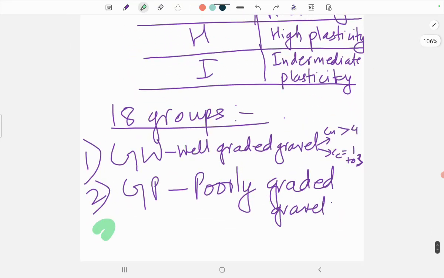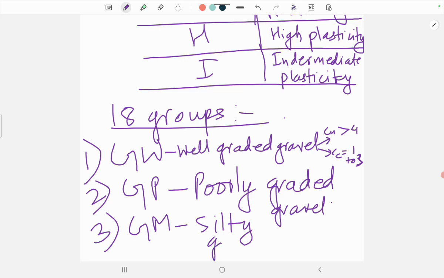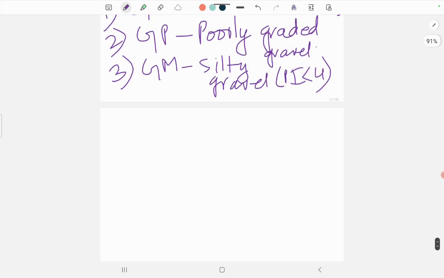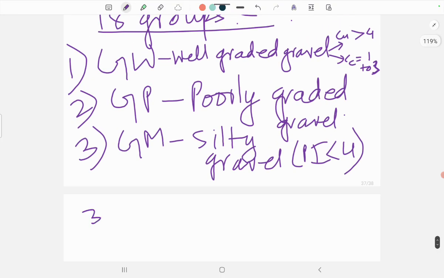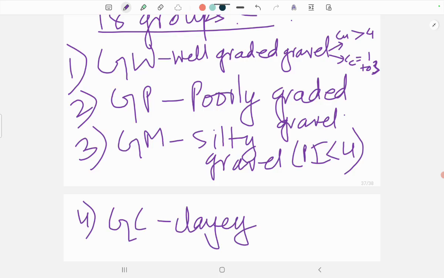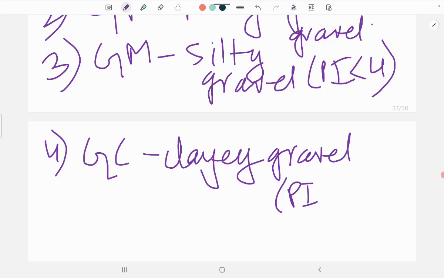The symbol is GM. GM means silty gravel, which has a plasticity index less than 4, and the other is clay gravel, GC, which has a plasticity index greater than 7.